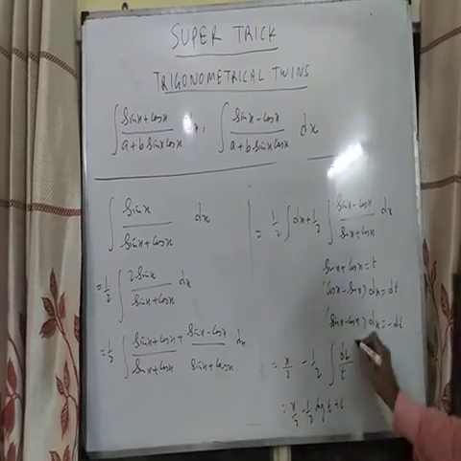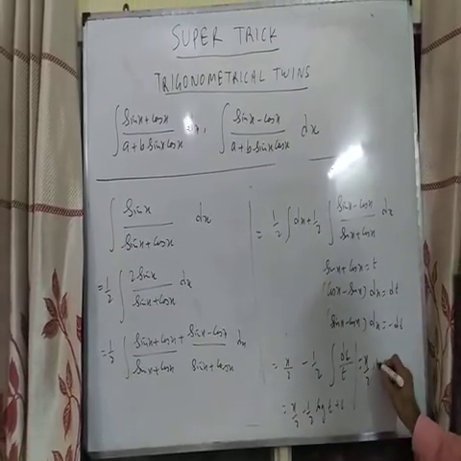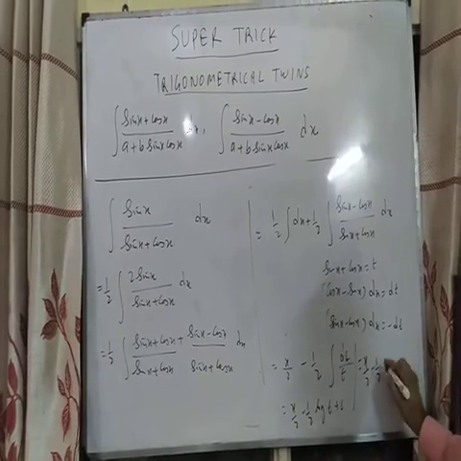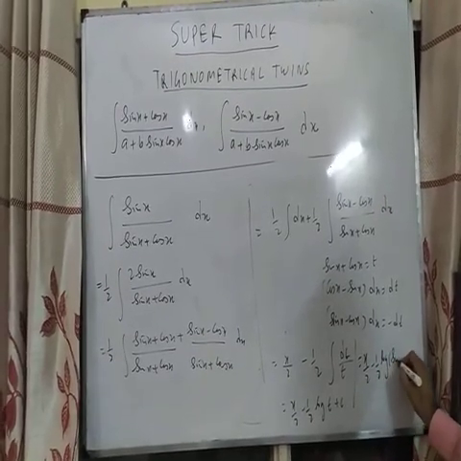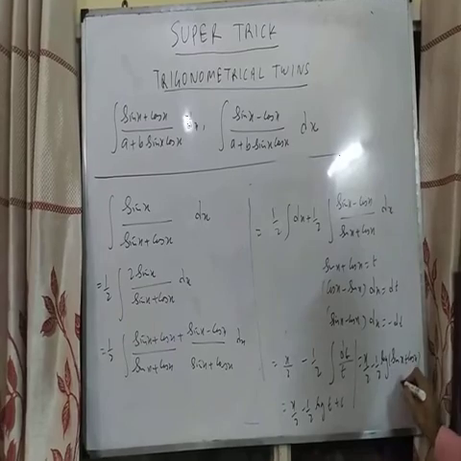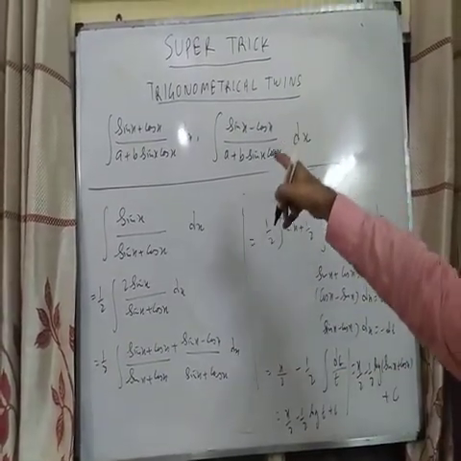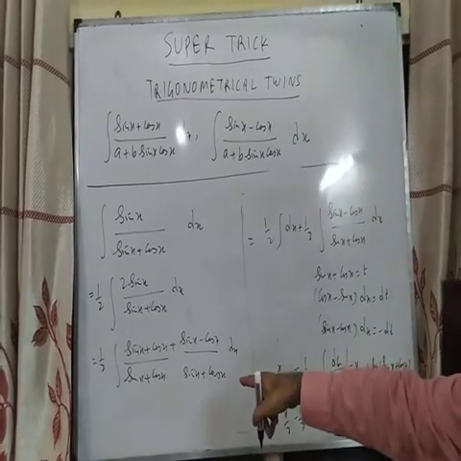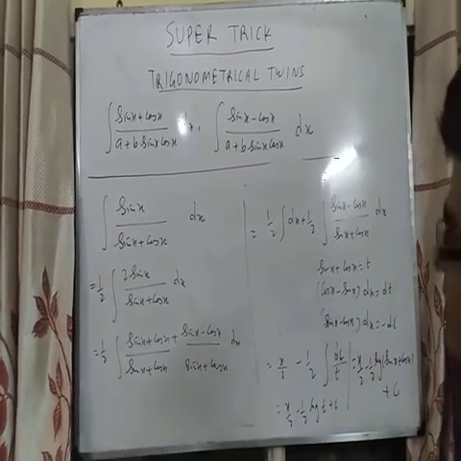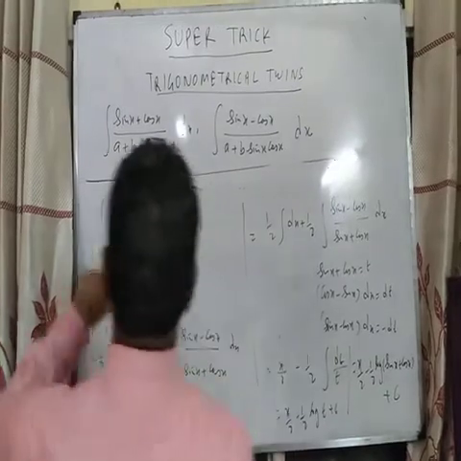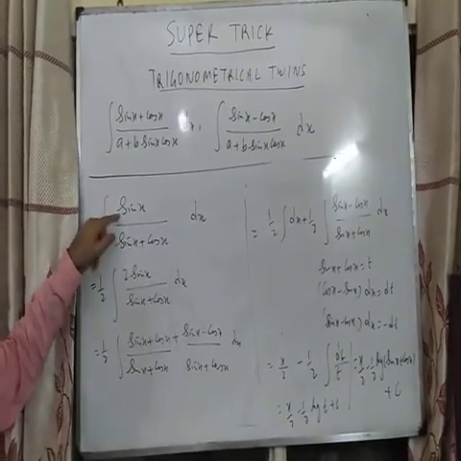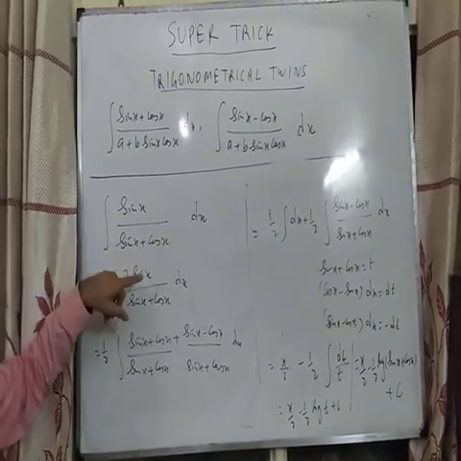Now you can put the value of t here: x by 2 minus 1 by 2 log of sin x plus cos x plus c. So now you can see how twins are being used to solve this kind of question. Now we are moving to the next type of question. Here if it was sin x cos x, then also in a similar way we can do it.